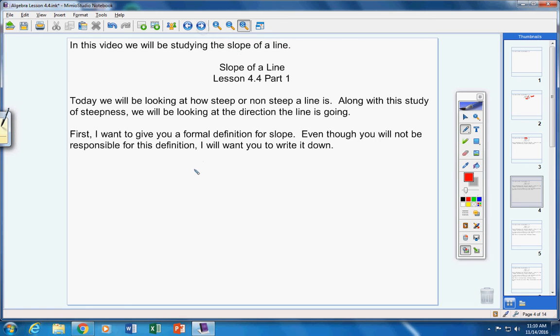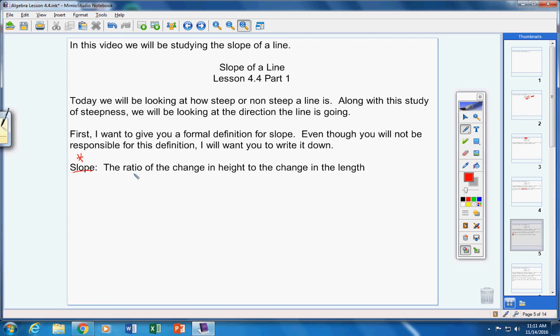Now first, I want to give you a formal definition for slope. Even though you will not be responsible for this definition, I still want you to write it down, okay? So please copy this in your notes. If I go too fast, pause the video. What is slope, students?